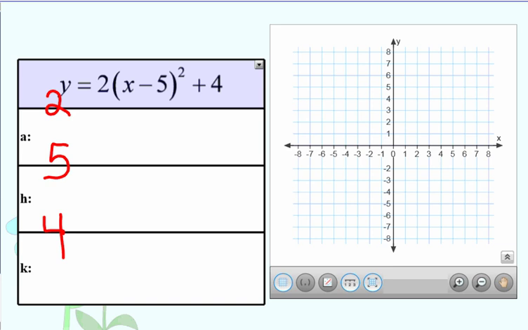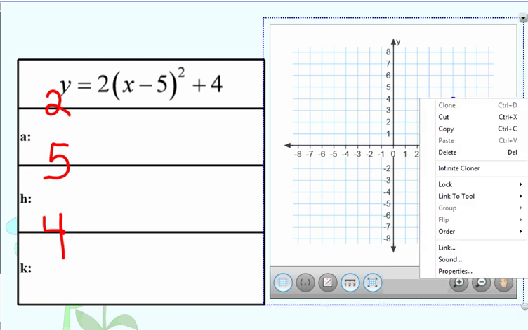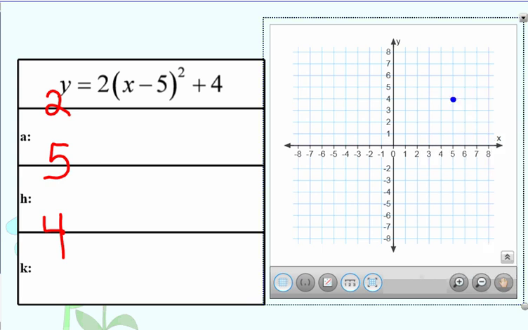So when we come over and we plot it, we're going to move 5 to the right and then 4 up for our vertex. Okay, in the normal quadratic function, we would go over 1 on either side, and then we would go up 1.